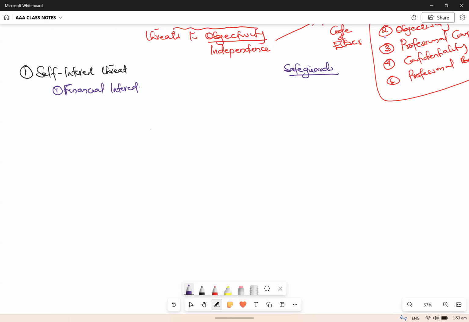So we are looking at a situation whereby the auditor has financial interest, and that financial interest can be in the form of owning shares. It can be any way. All you have to know is that they have an interest.